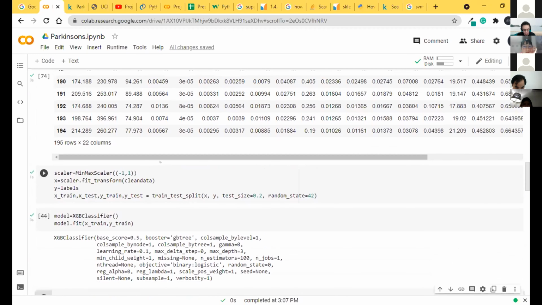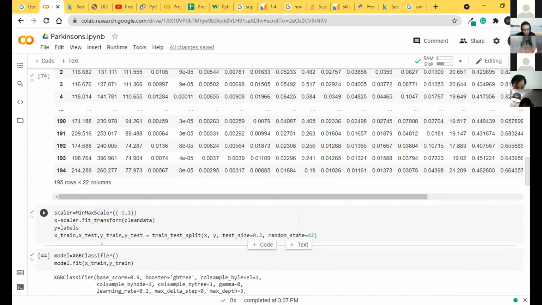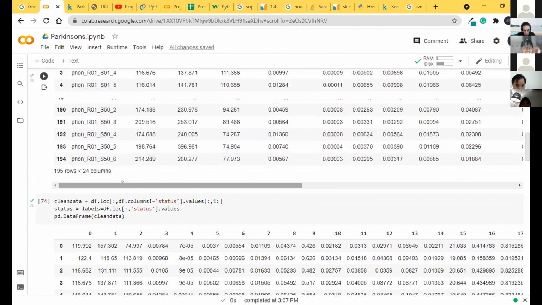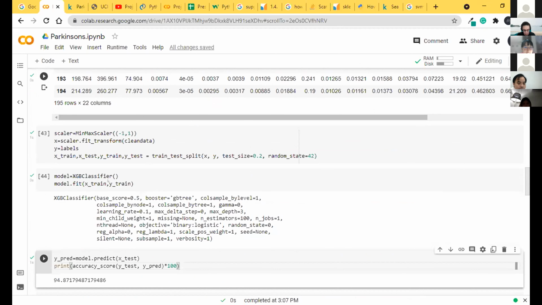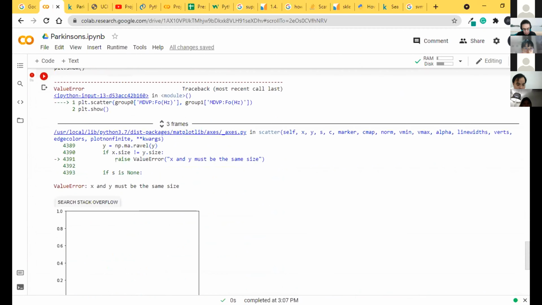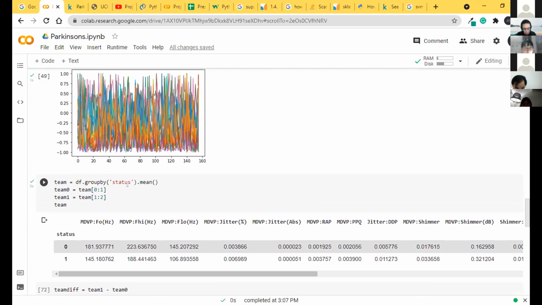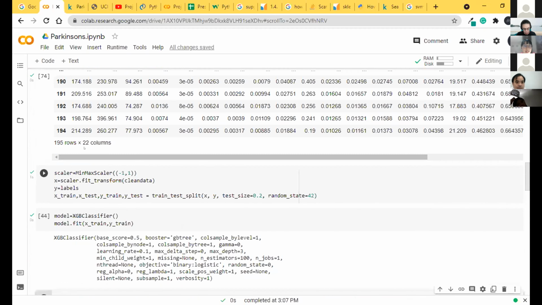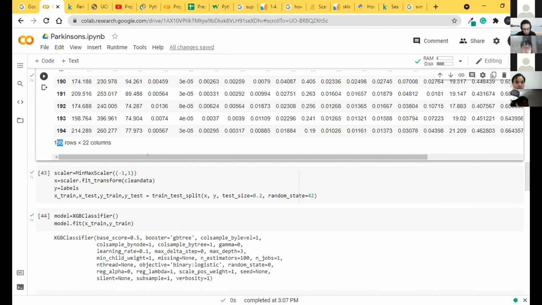The number of the positive people. I forgot. It's about 47. Out of how many people? Out of 195. Okay, so it's not very imbalanced, right? That's what you have to be careful about, right?